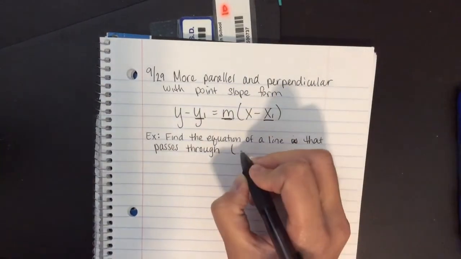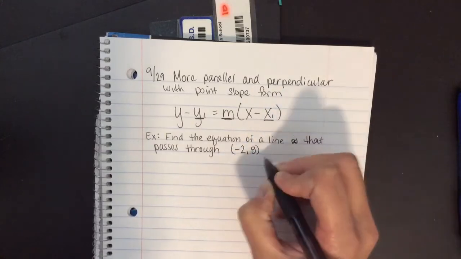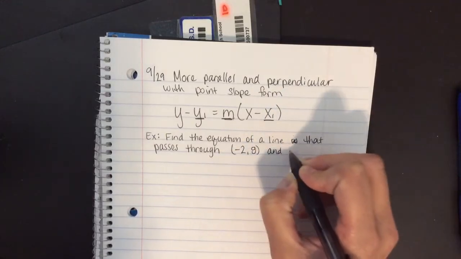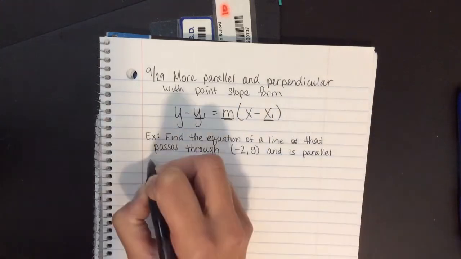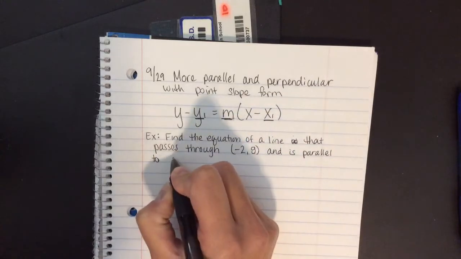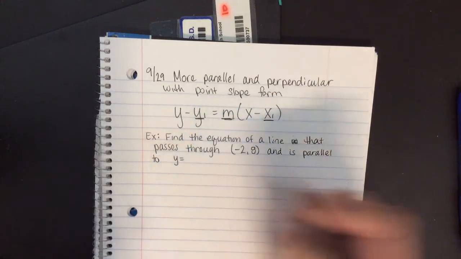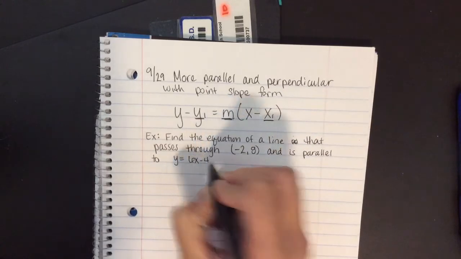So let's do (-2, 8) and is parallel to y equals 6x minus 4.